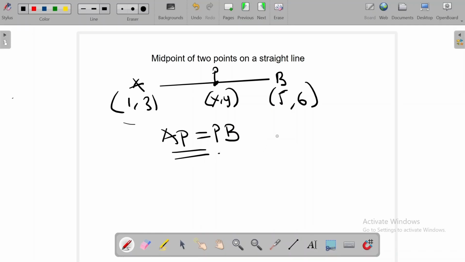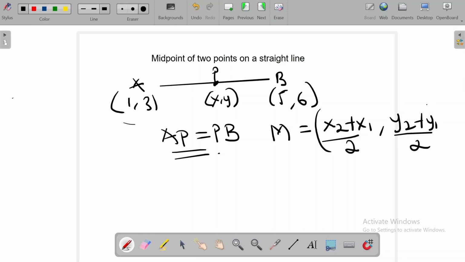So mathematically, I can say the midpoint, let's use M to represent it in this case, this would be x2 plus x1 divided by 2, y2 plus y1 divided by 2.